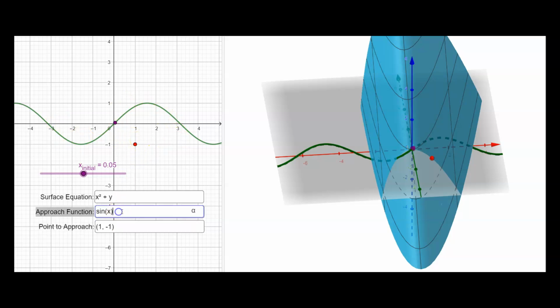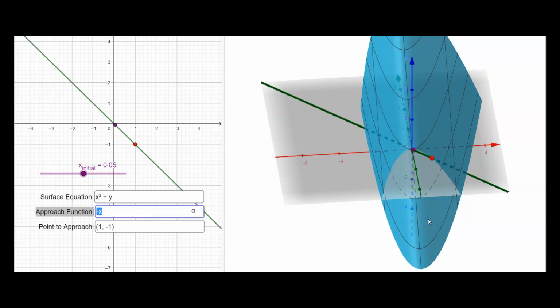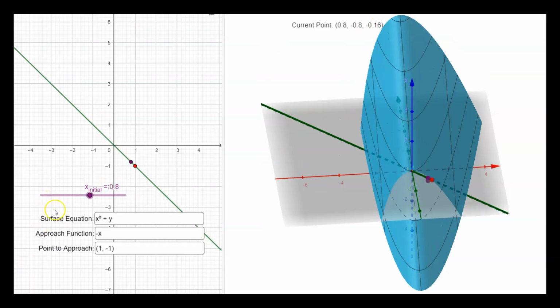So one function that you can think of, you can choose straight lines that go through that point. It doesn't necessarily even have to go through the origin, but if I pick negative x, that does go through that point. And so once again, I can approach that point coming from the left side of that line, and it seems that as x and y approach 1 and negative 1, that z value seems to be getting closer and closer to some number.